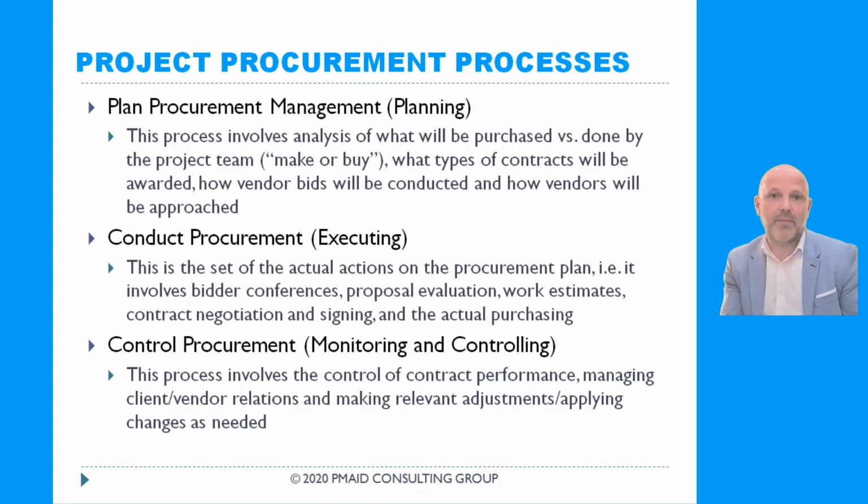Most of the time, money is the key consideration for that. What types of contracts will be awarded, how vendor bids will be conducted, and how vendors will be approached. All those considerations are included in the Plan Procurement Management process and in the Procurement Management Plan, the document that results from this process.